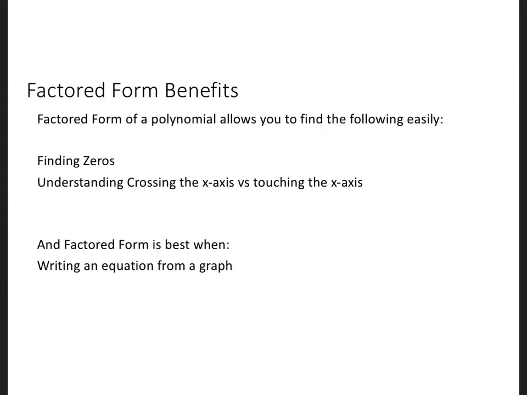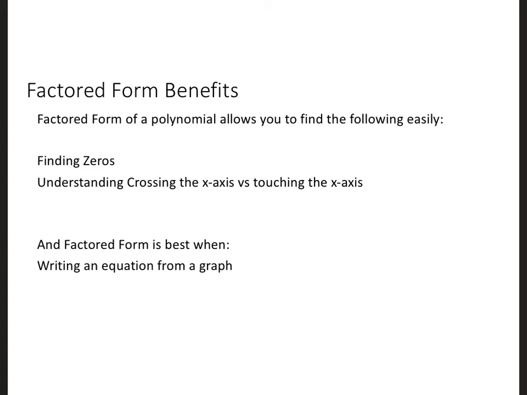Okay, so we've been talking about standard form and the benefits of standard form, but there's also factored form, and we do have benefits in that form as well. The benefits of factored form is it allows you to find zeros easily. It also helps you understand if at these zeros, these x-intercepts, they are going to cross the x-axis versus touching the x-axis.